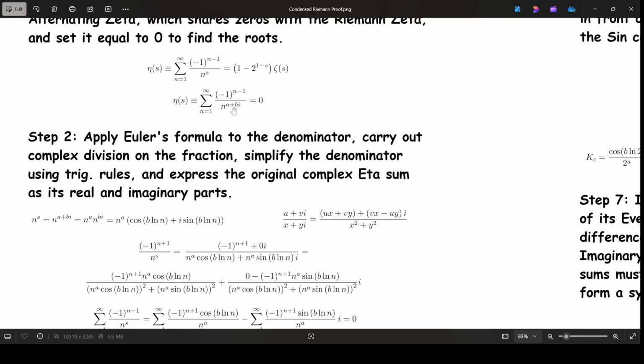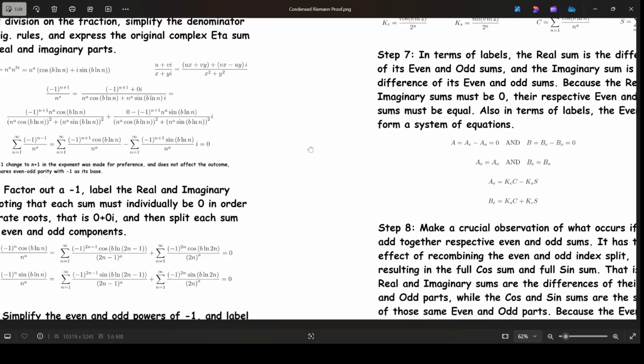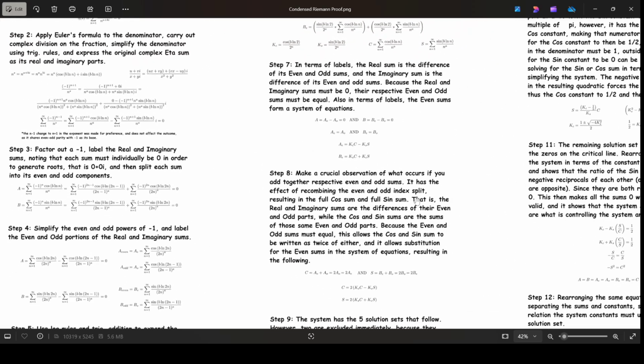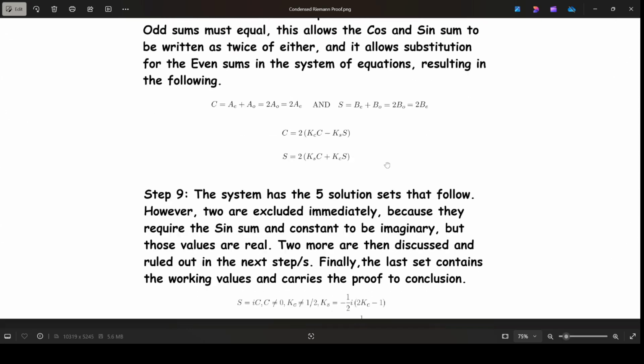But a is only in the critical strip. And for the Dirichlet-Eta sum, the critical strip is considered to be between 0 and 1, but not including 0 and 1. So a has to be between 0 and 1, but not 0 and 1. B can be whatever it wants as a real number. Okay, so where's the contradiction?